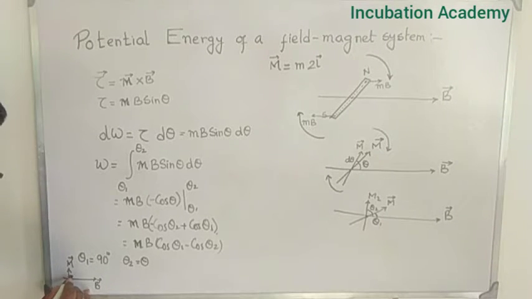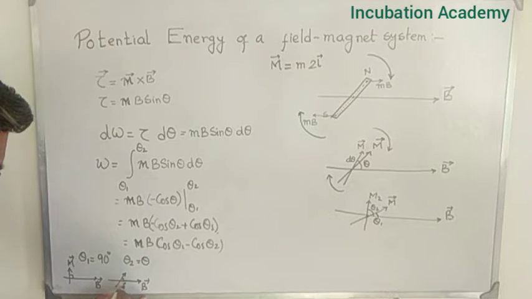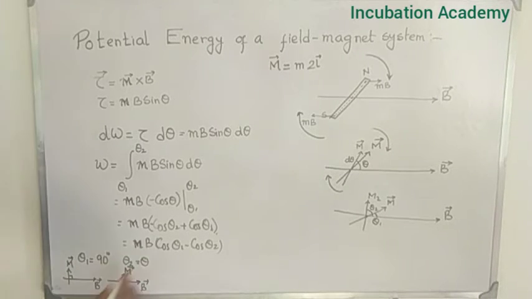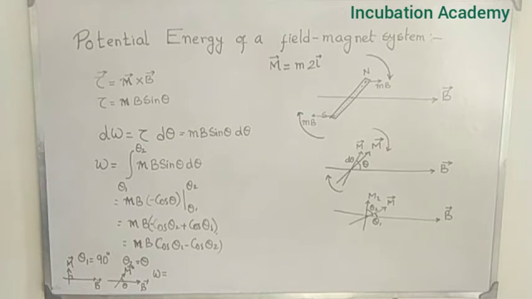So the angle between them is initially 90 degrees. Now if I want to bring it to an angle theta, then this W, the work done, is stored within it as potential energy.